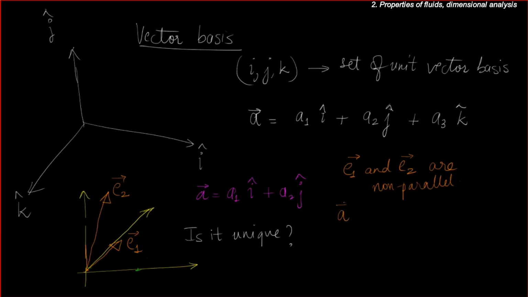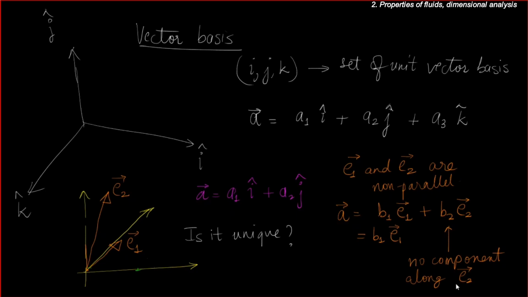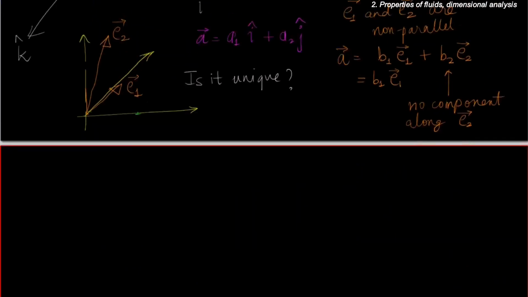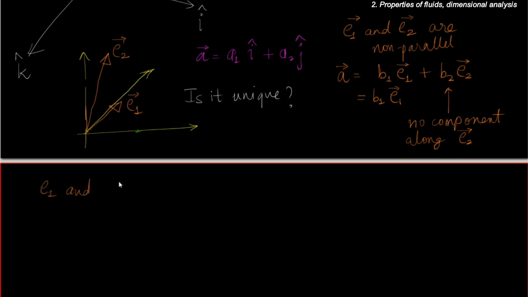So suppose I represent in the E1, E2 coordinate system A as B1 E1 plus B2 E2. I can write down the vector which is marked by the yellow line, which is along E1, as B times E1 plus 0 times E2, meaning that the vector is aligned along E1 and has no component along E2. But very well I can represent any vector as a linear combination of E1 and E2.